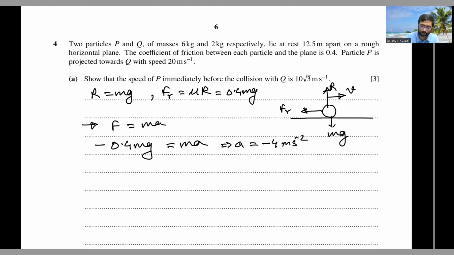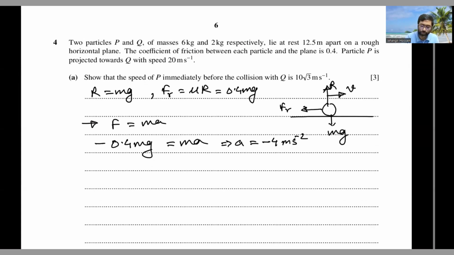So it is decelerating, the initial speed is 20 meters per second, and the distance it travels is 12.5. Since we know the initial velocity, the distance traveled, and the acceleration, we need to find v. So the equation is v squared equals u squared plus 2as.